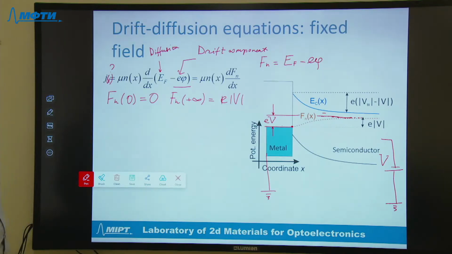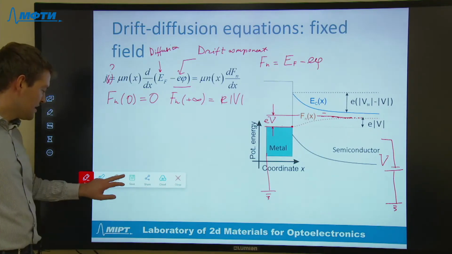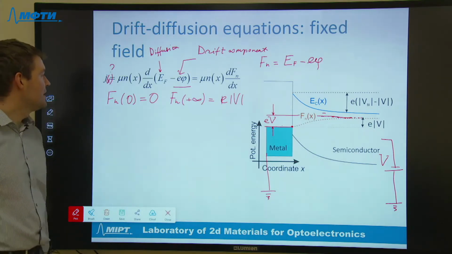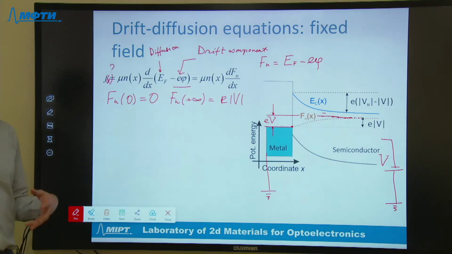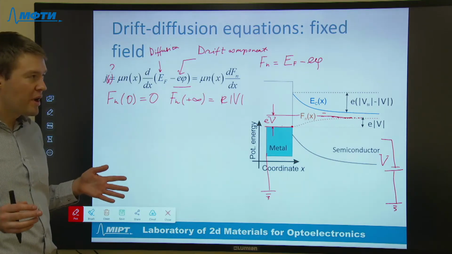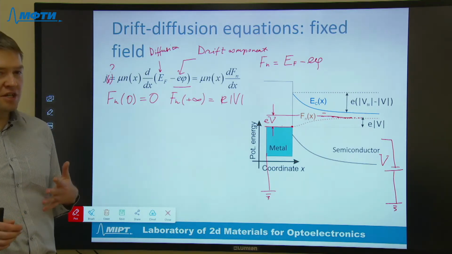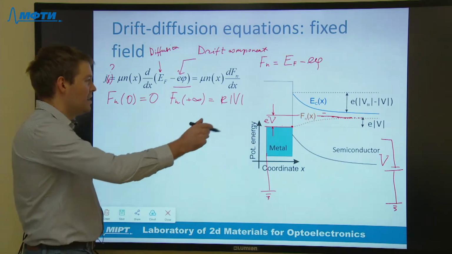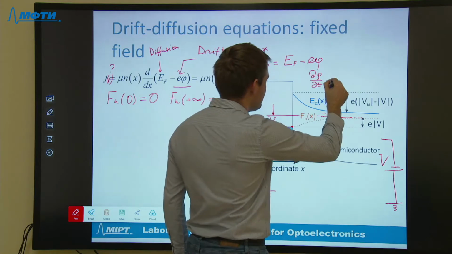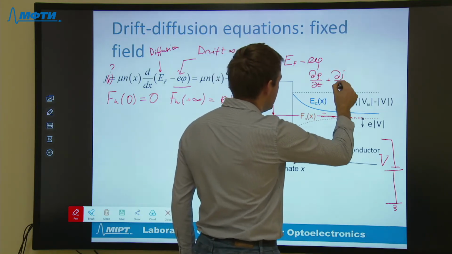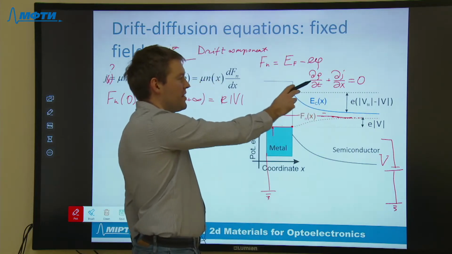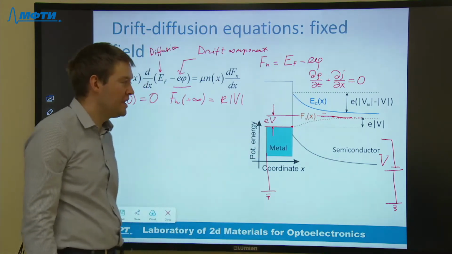Okay, the current density is a constant here. It is not a function of a coordinate because, according to the continuity equation, it should be constant everywhere. Otherwise, the charge will be accumulated along the structure. You remember that the continuity equation tells us that if we have non-uniform current, then the charge will be accumulated.